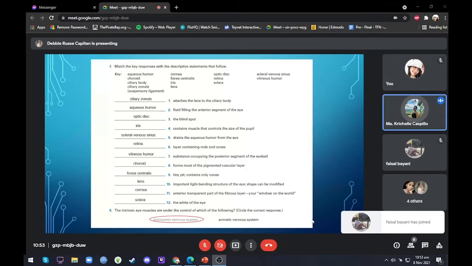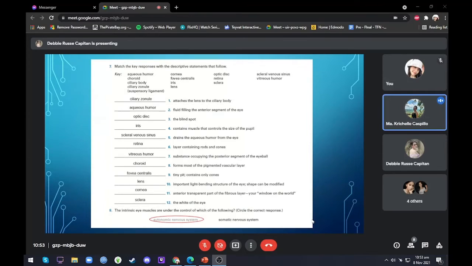6, layer containing rods and cones, which is the retina. 7. Substance occupying the posterior segment of the eyeball, which is the vitreous humor. 8. Forms most of the pigmented vascular layer, which is the choroid. 9. Tiny pit contains only cones, is fovea centralis. 10.